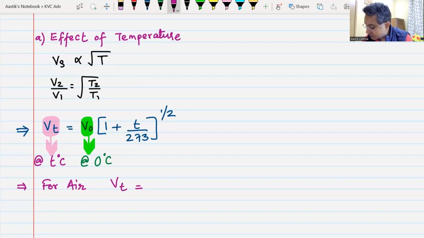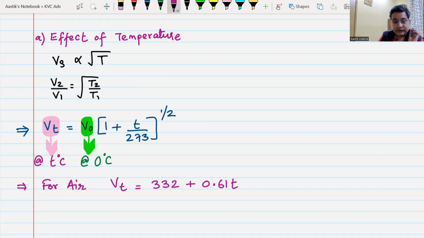V at temperature T will be V naught, and V naught is 332, so 332 plus 0.61 times T. This formula becomes effective for speed of sound in air.